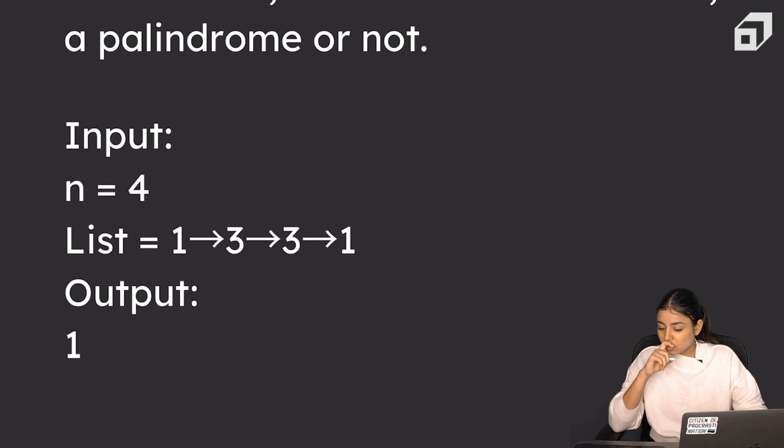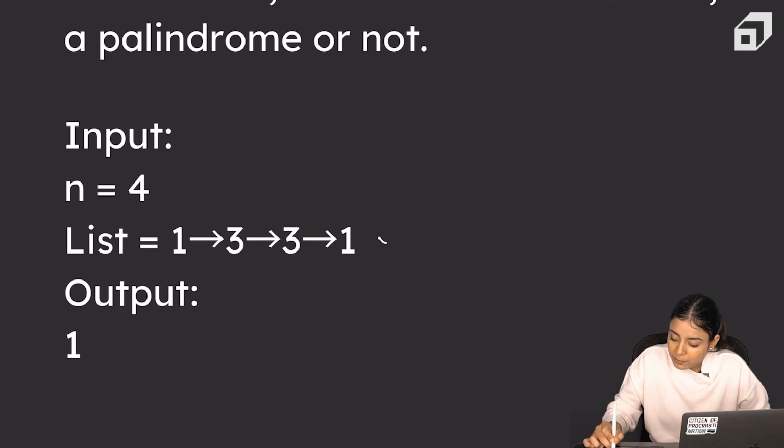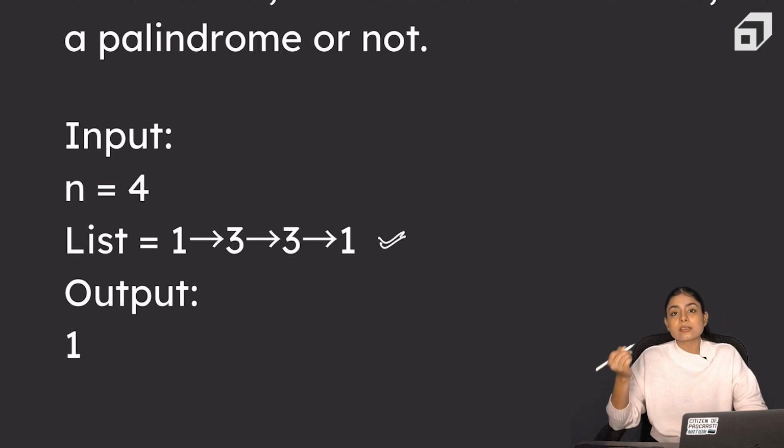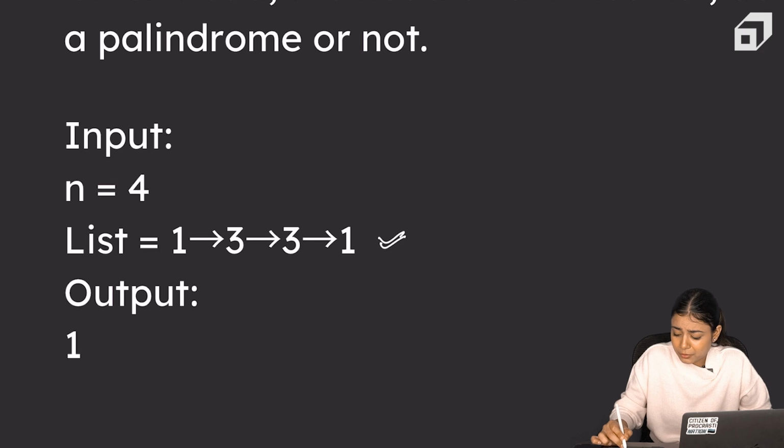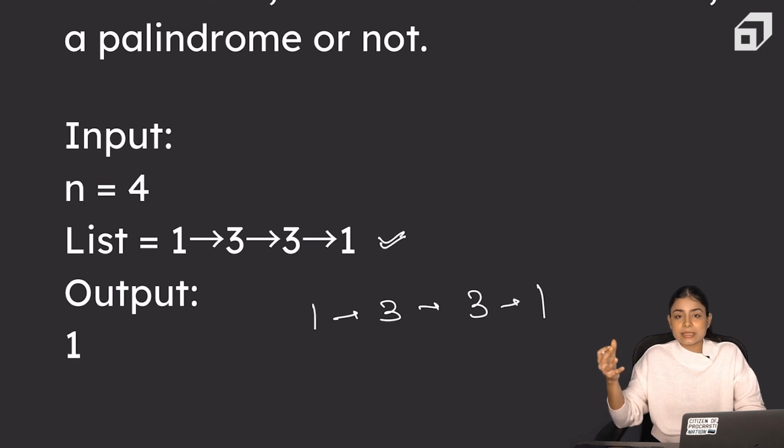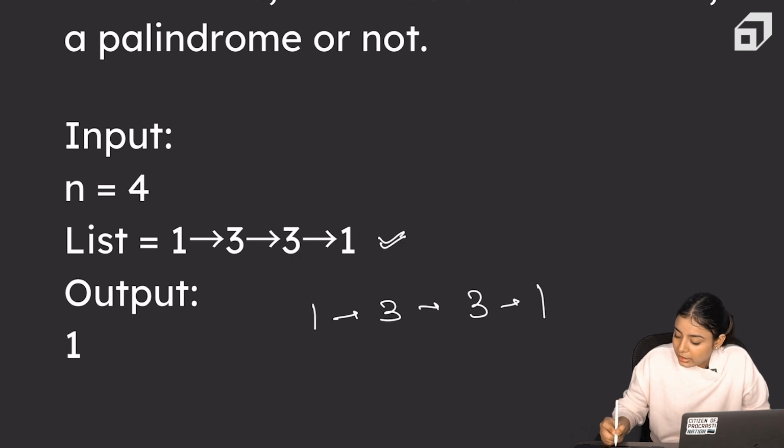So what I can do is create a copy of this linked list that is reversed. Okay, so I can reverse the entire linked list, and then if I reverse this linked list, I'll get the same one, right? And can I say if I compare these and these come out to be equal, then I can say that this linked list is palindrome, right?